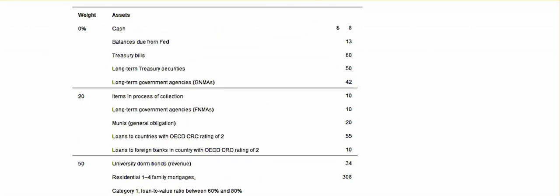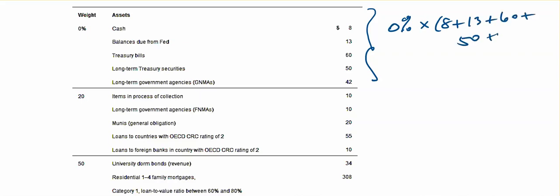But if you look at the previous page, these were all items that did have a 0% weighting. And so to get the risk-weighted portion, you add up all of the assets times, in this case, 0%. And of course, that's 0.